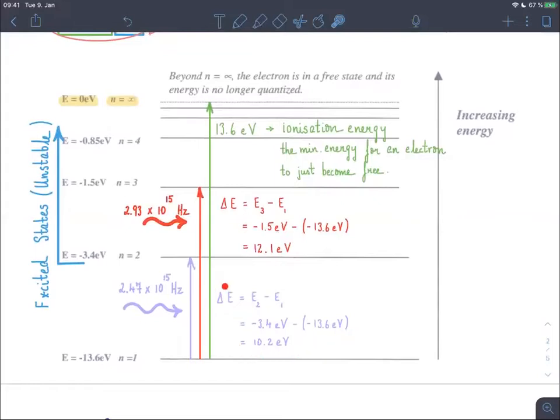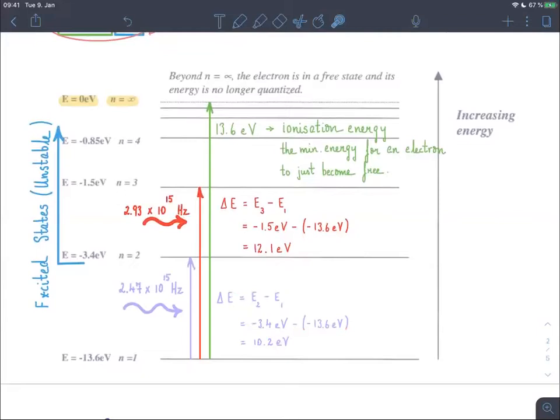So the energy difference E2 minus E1 is equal to minus 3.4 eV minus minus 13.6 eV, which gives 10.2 electron volts. So that is the energy difference between the two energy levels, n equals 1 and n equals 2.